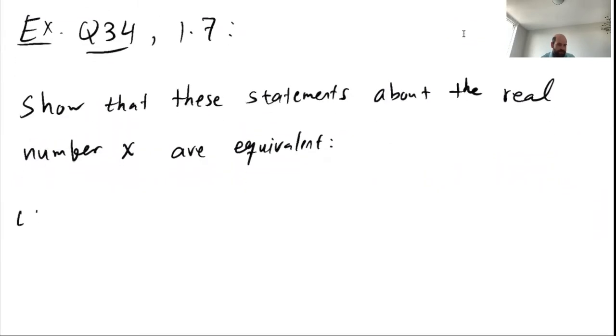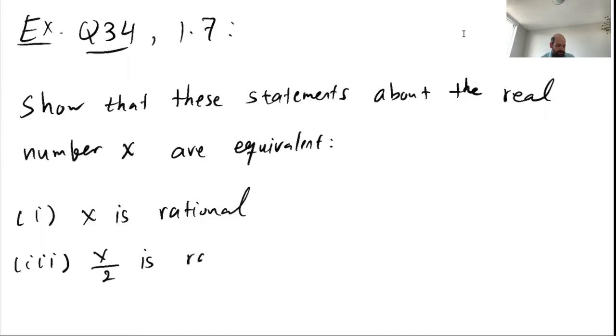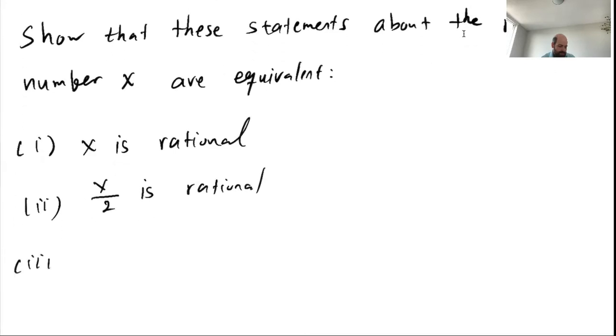The first one is x is rational. Second one is x over 2 is rational. And the third one is 3x minus 1 is rational.